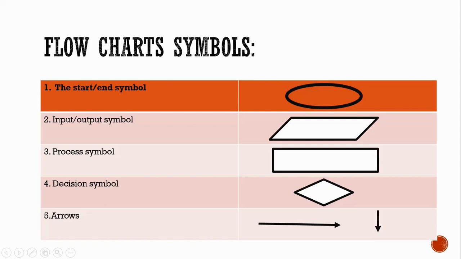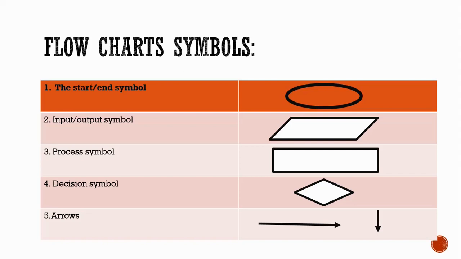The next one is the decision symbol. It is actually a diamond shape, and it is used when you have any condition, and in the answer of the condition there will be two different options. For example, the condition is: is it raining? Then there will be two options. Yes, it is raining. No, it is not raining.